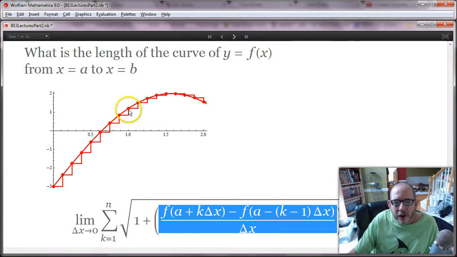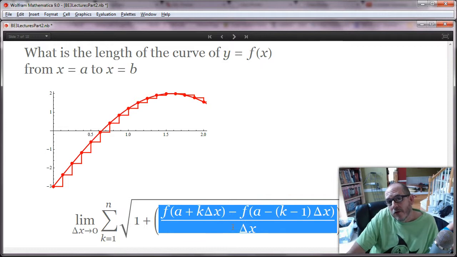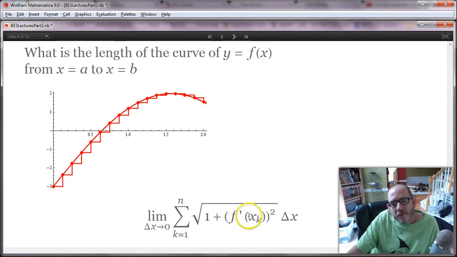So it's a ratio of rise over run. This is a derivative at each of these points. It approximates the derivative at each of those points as the points get closer and closer together. So it's just f prime, where I've got xk being each of these points, the kth point along there. All right. So there's where a derivative appears.